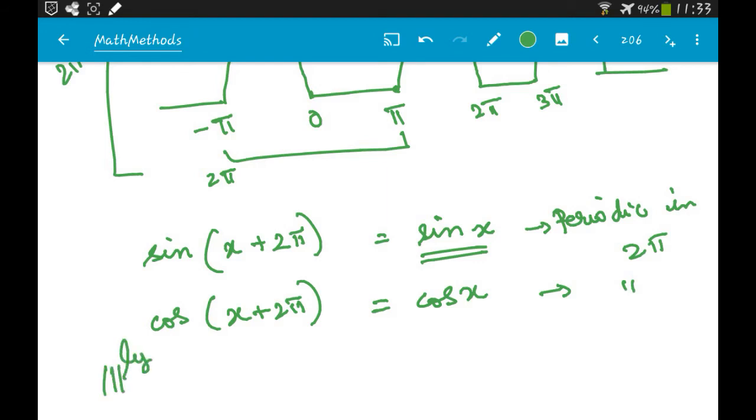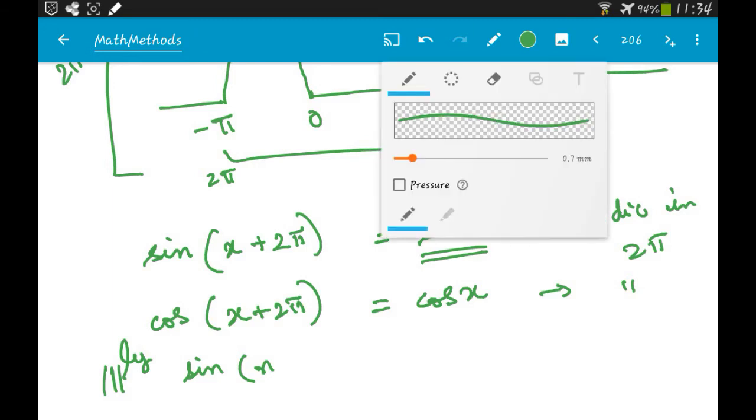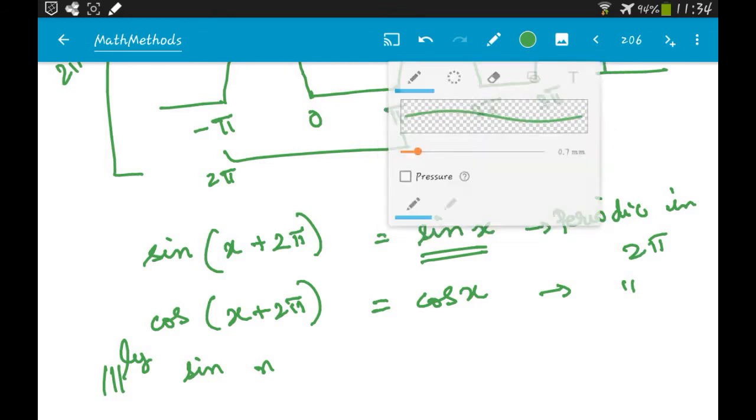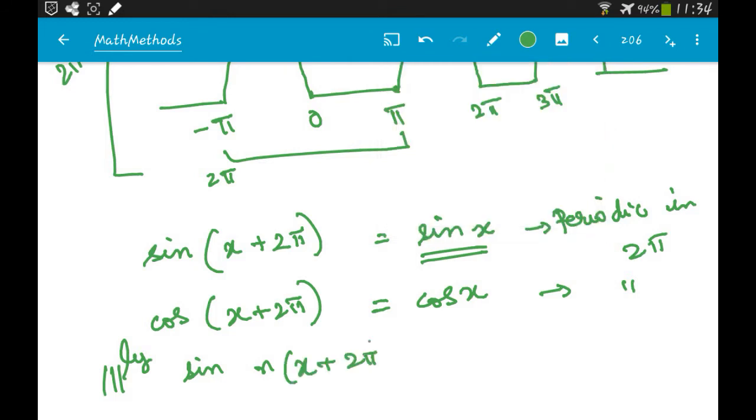Similarly if you look at sine of n into x plus 2 pi, this is nothing but sine nx plus 2n pi, right? And because 2n pi is basically n times 2 pi, n times it will come back to the same function. So this is nothing but sine nx. Okay.